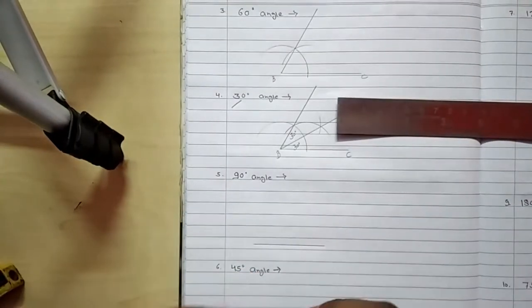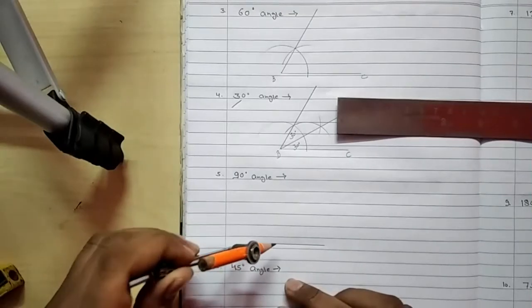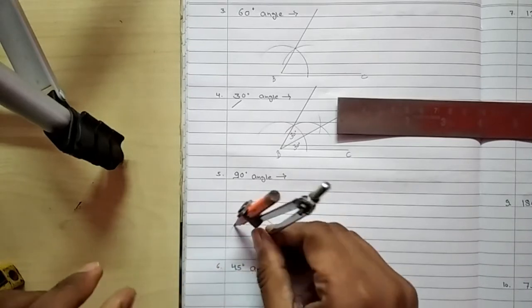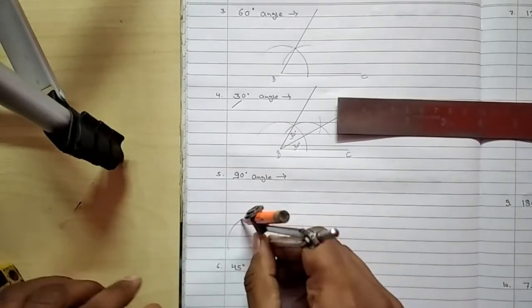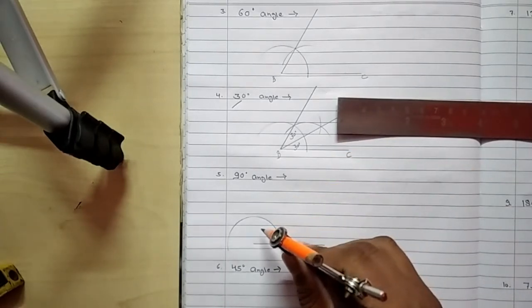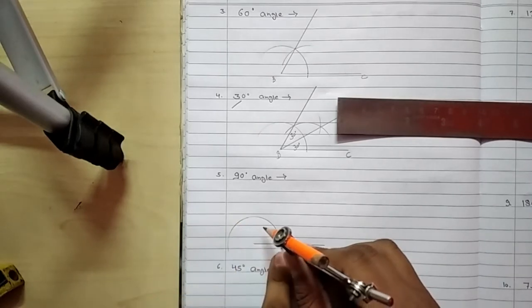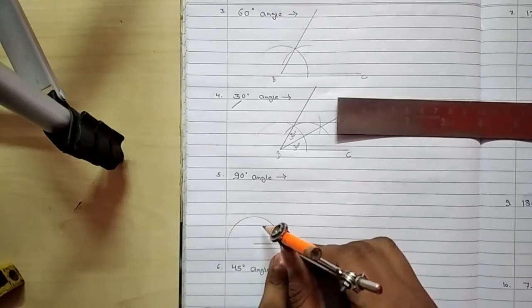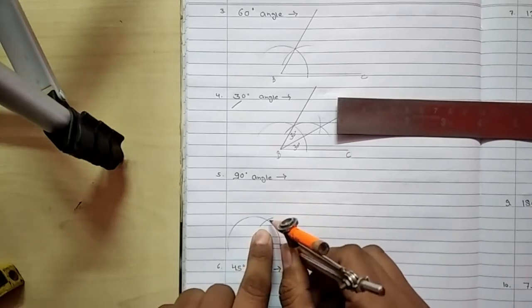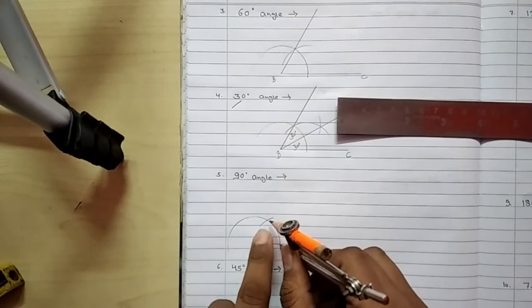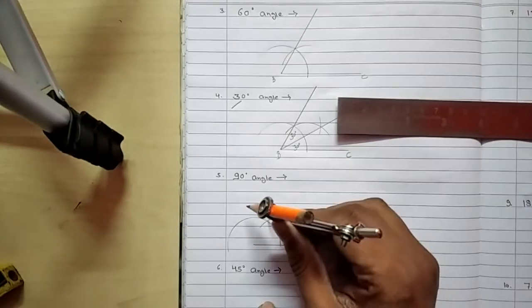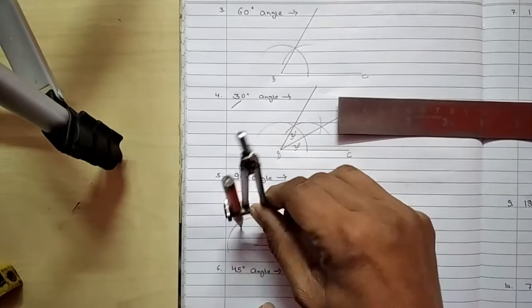Then we will put the compass at one end of the line segment and draw an arc like this, and with the same gap, we will put the compass at the point where this arc intersects the line we drew first, and then we will draw one more arc. So as you know, this is the 60 degree angle. Okay, as I told you, this is the 60 degree angle, and now we will draw one more arc.